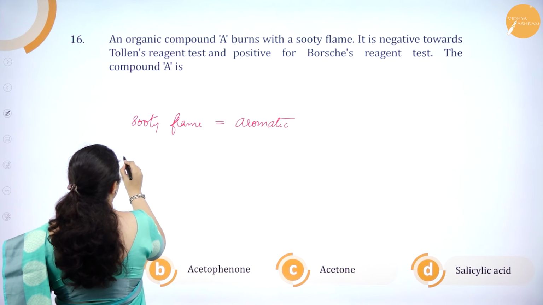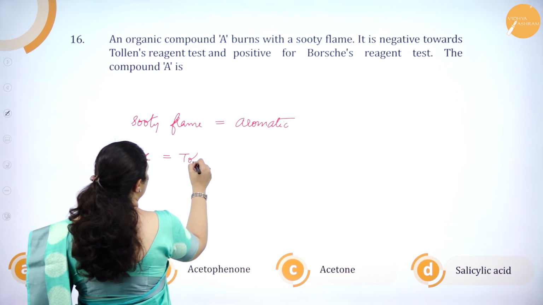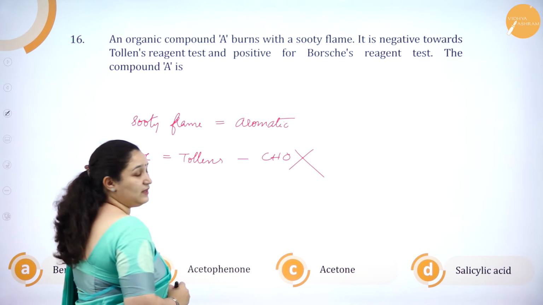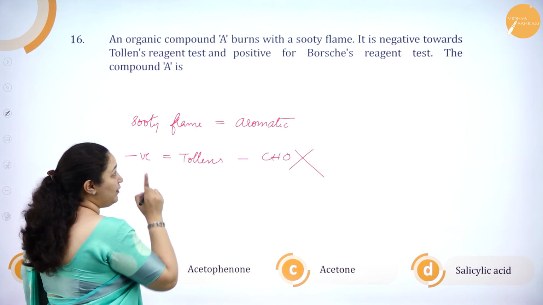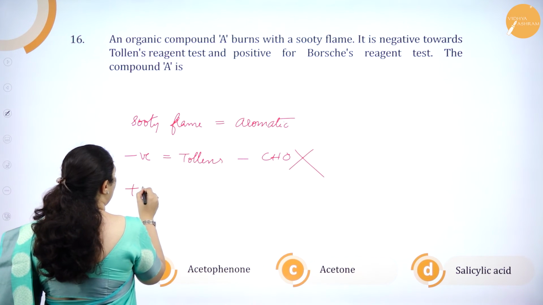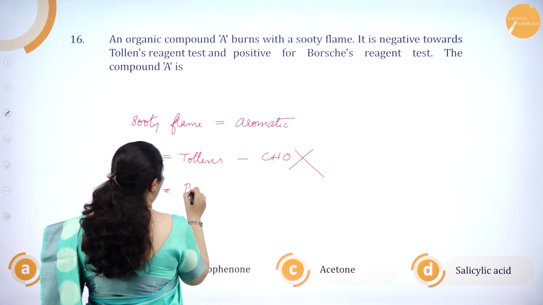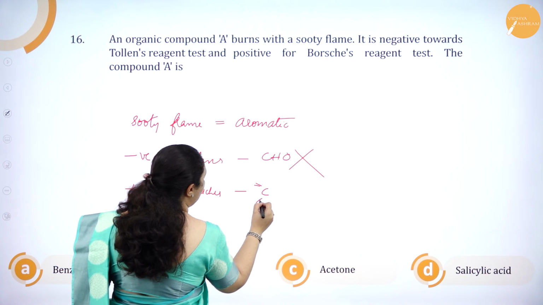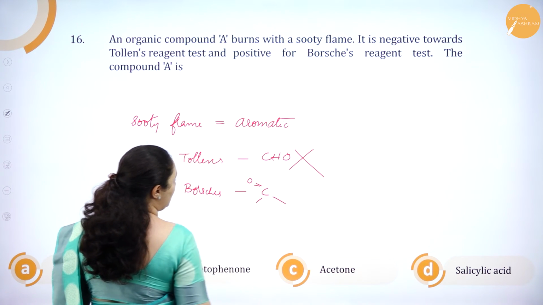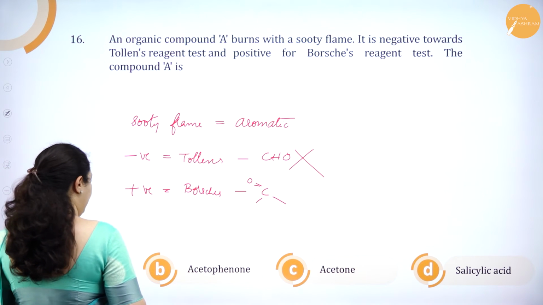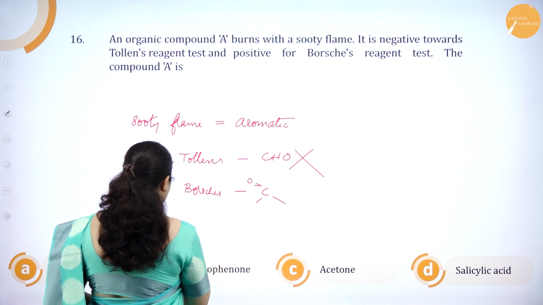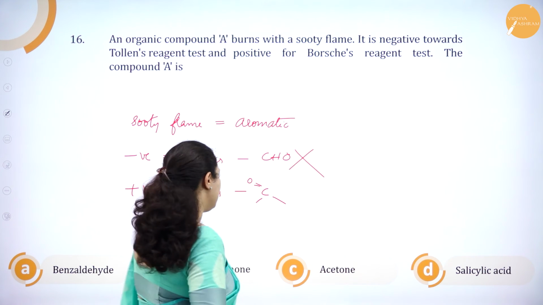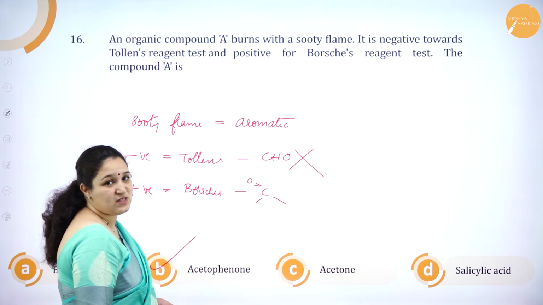Next, it's negative for Tollens, so it is not an aldehyde. But it has a carbonyl group because it is positive for Brady's reagent. So benzaldehyde is an aldehyde. Acetophenone can be, because it's aromatic and contains the carbonyl group. Acetone no, salicylic acid no. So the answer is acetophenone.